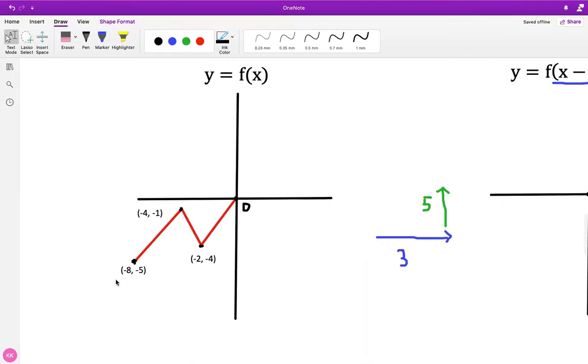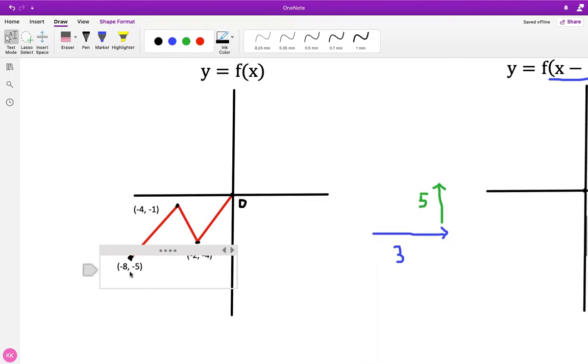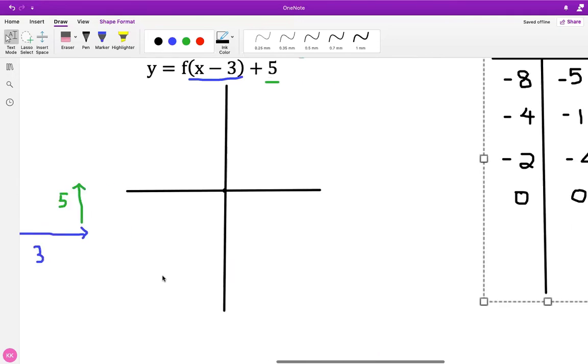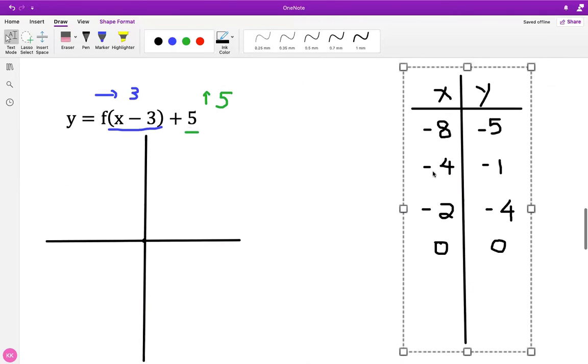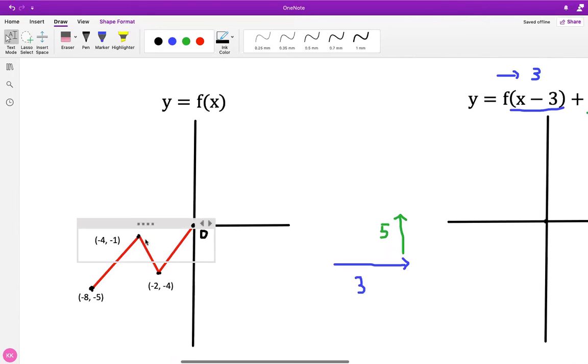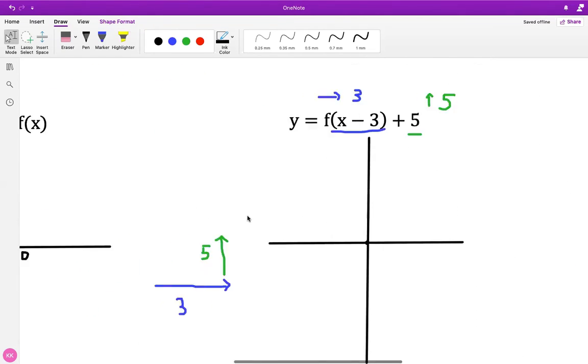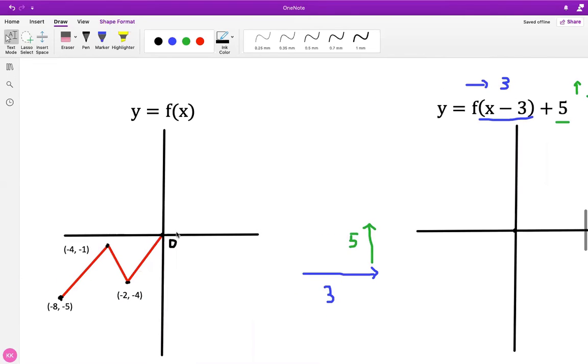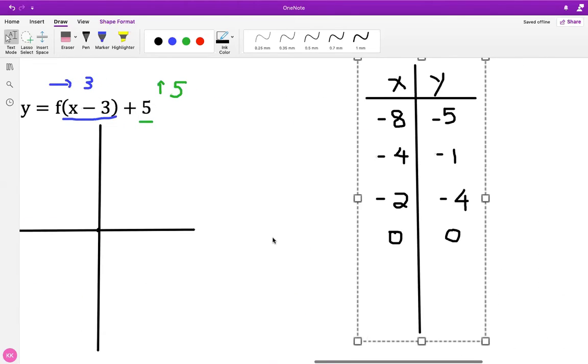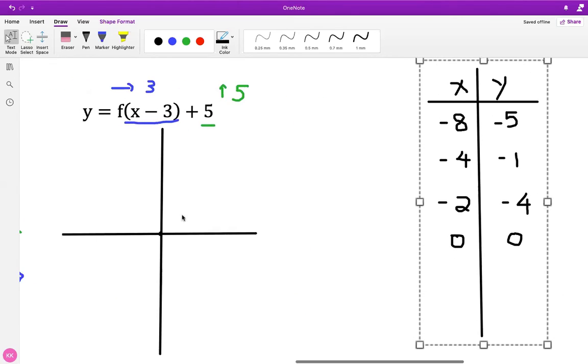The first point is negative 8, negative 5: when x is negative 8, the y coordinate is negative 5. The second point is negative 4 and negative 1. The third point is negative 2 and negative 4. And the last point is 0, 0.